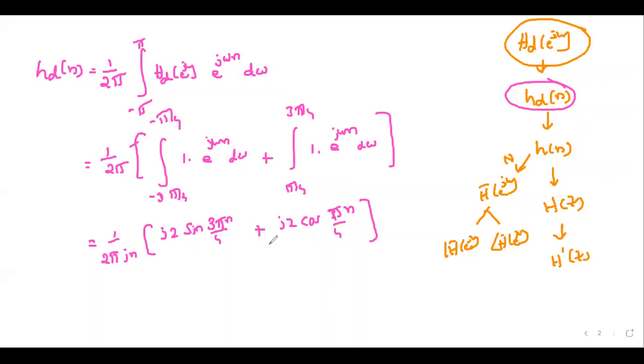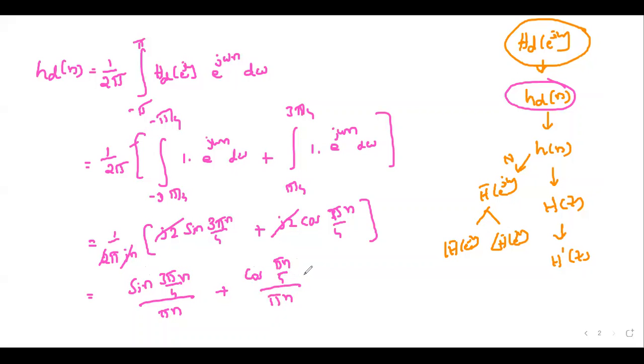Is it correct? What I wrote is correct. So j2 can be cancelled, no? So this can be written as sin 3 pi by 4n by pi n plus cos pi n by 4 into pi n.